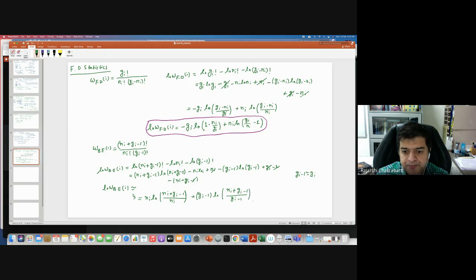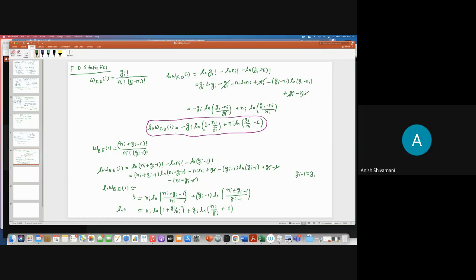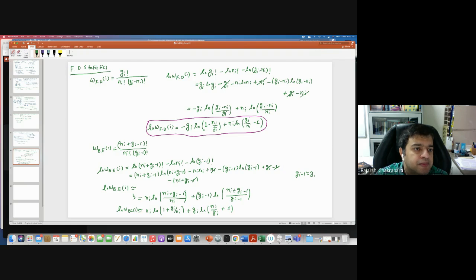And then I make use of this. So this will be something like n_i ln(1 plus g_i by n_i), because g_i minus 1 is g_i, plus g_i ln(n_i by g_i plus 1). Yes, sir. So this is the final expression for my Bose-Einstein distribution.